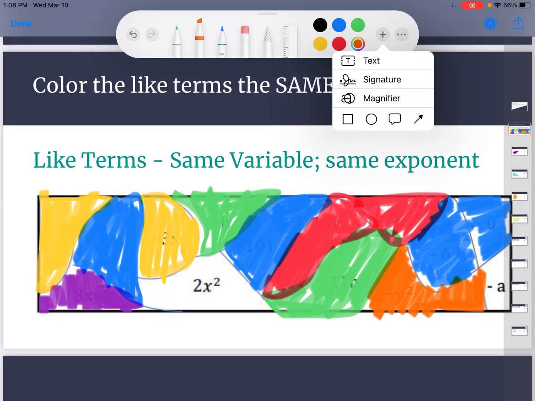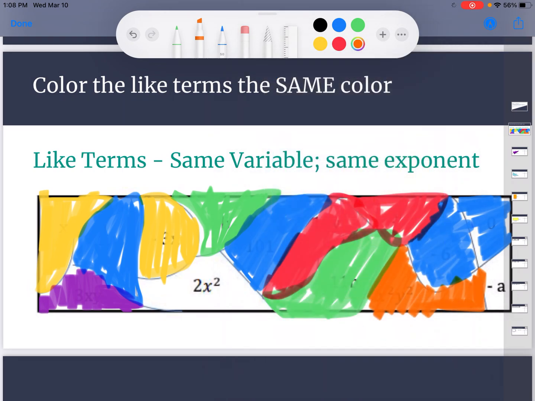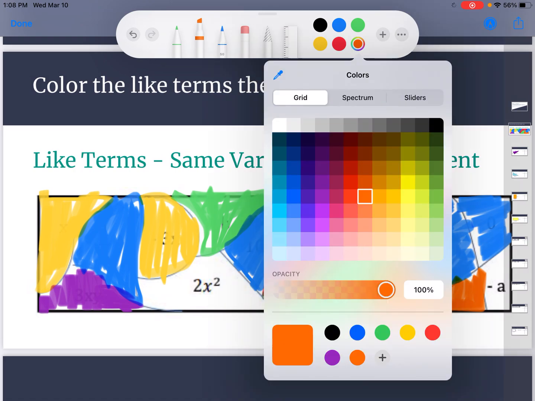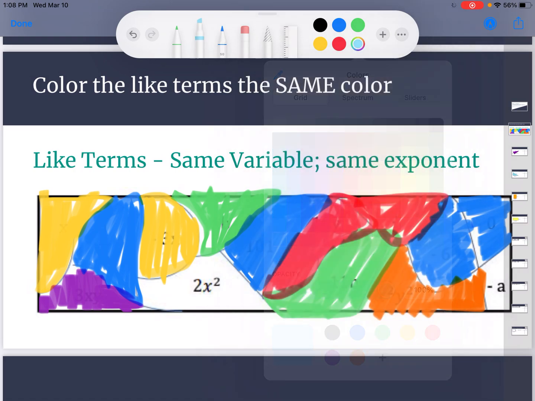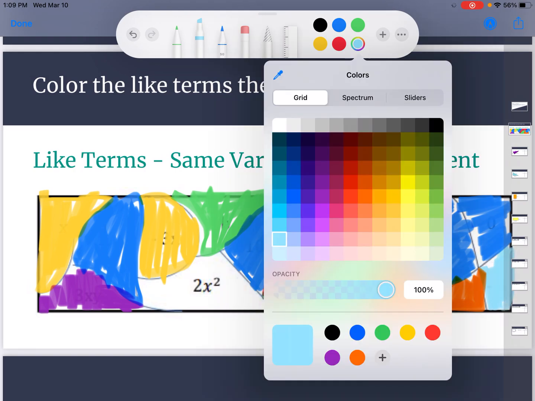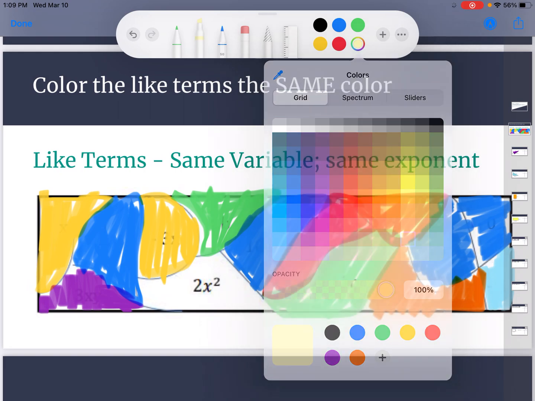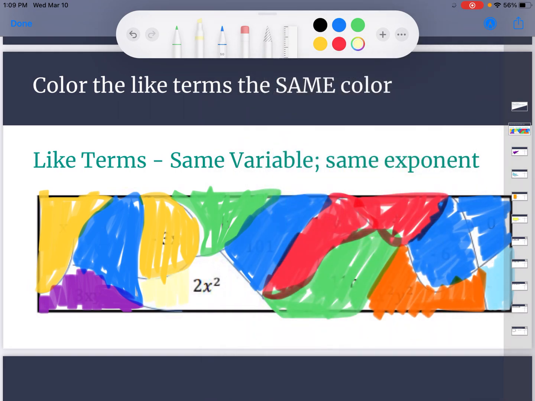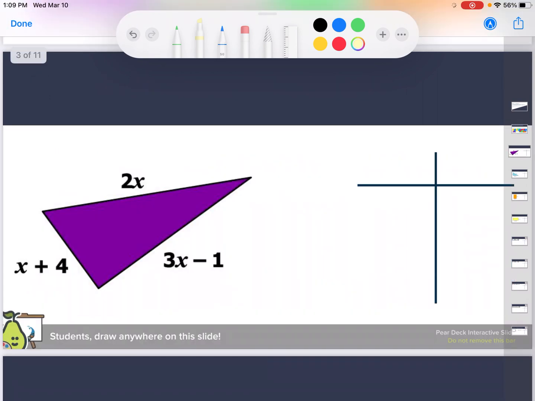And then I don't have any other a's. And I don't have any other x squareds that are just by themselves. All right, so I've identified all my like terms. So if I colored them the same color, they're like terms. So now we're going to combine our like terms.